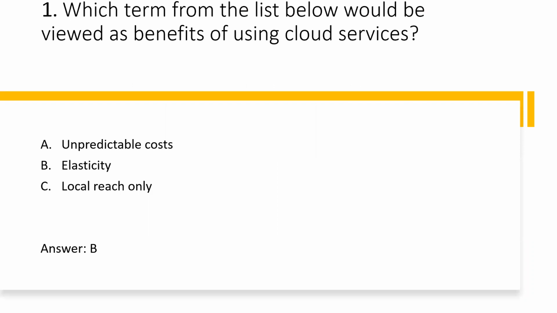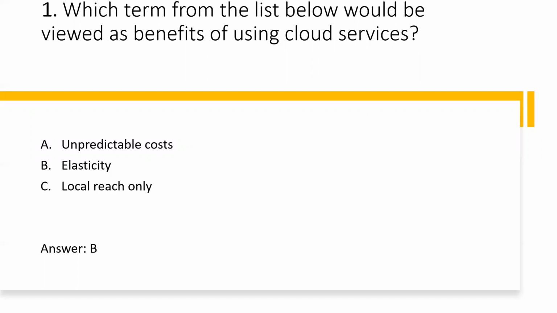Which term from the list below would be viewed as benefits of using cloud services? Let's check the options. Answer A, unpredictable cost. So the primary benefit of using cloud services is we can predict the cost.